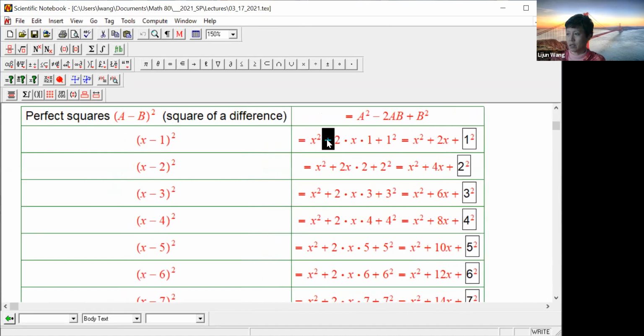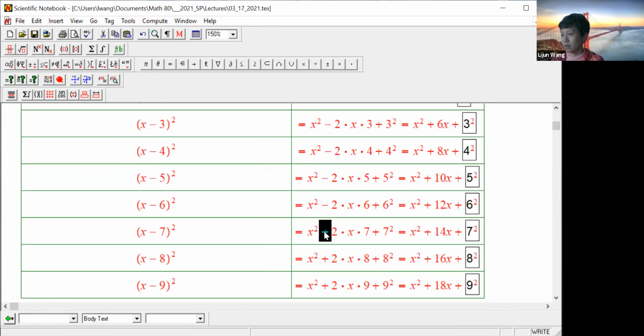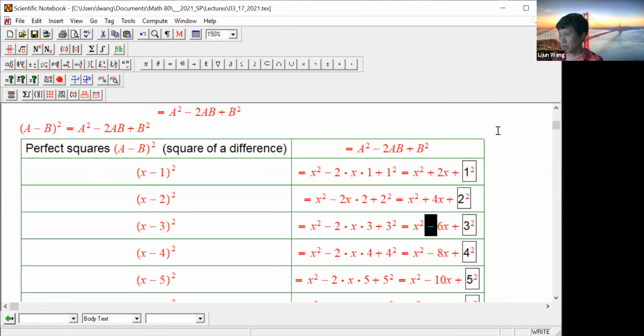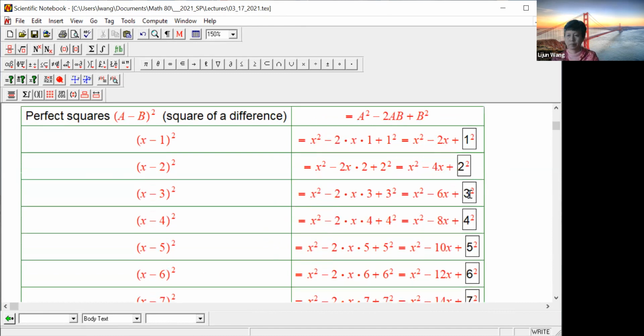Square of a difference, and you will find these patterns. That's the only change. Do you agree?